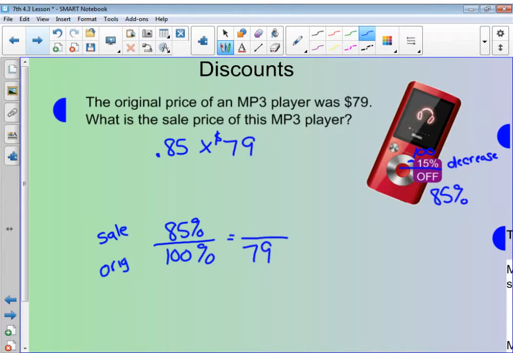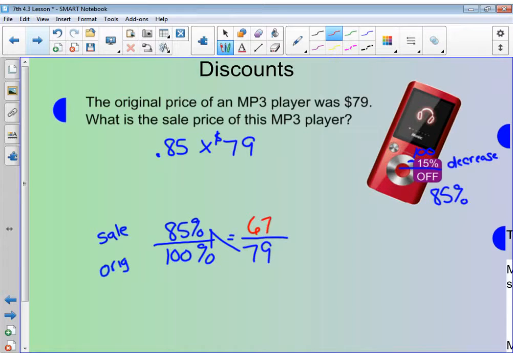So with 79, I'm just going to punch it in as 85. I'm not going to punch it in as 0.85. I can if I want to, but then I also have to punch in 100% as its decimal form of 1. So I'm just going to leave it as times 85 and then divide by 100. Because I'm working with percentages in two different places, they'll cancel each other out.